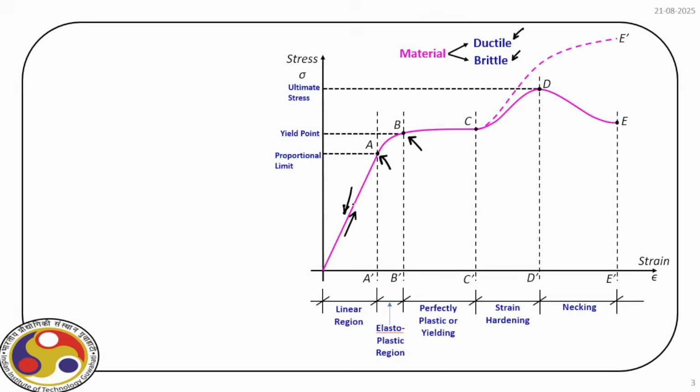Okay. Now, if we cross this point A, up to this point B, there is a chance of coming back without any permanent deformation. However, once we cross this point B, which is called the yield point, there will be permanent deformation in the material.